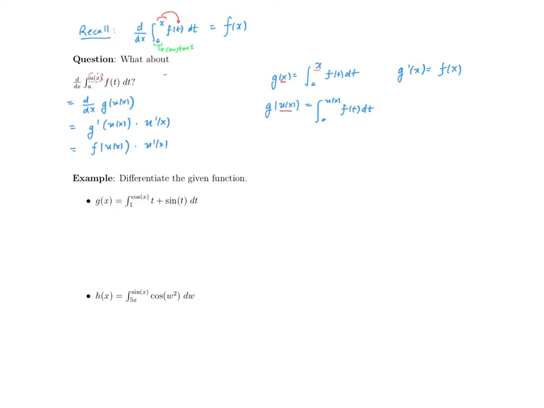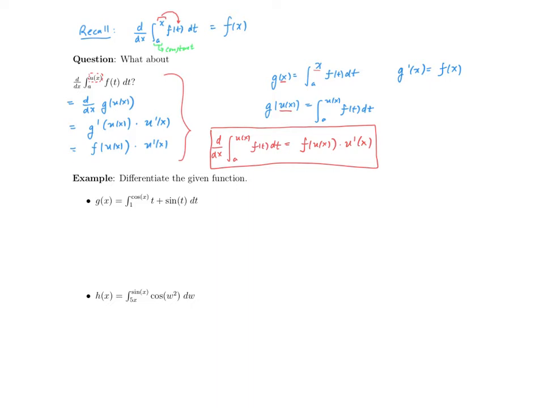And for convenience, let's summarize this in a slightly more compact formula. The derivative of the integral from a to u of x of f of t dt is equal to f of u of x times u prime of x. And the big observation I want to make is that our intuition is precisely the same as it was before.